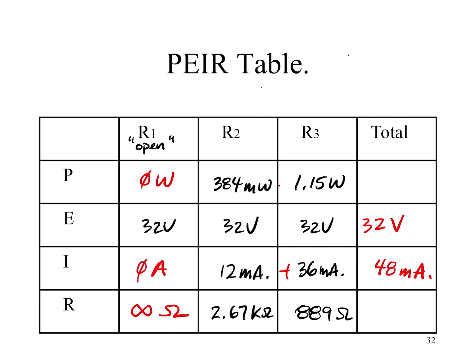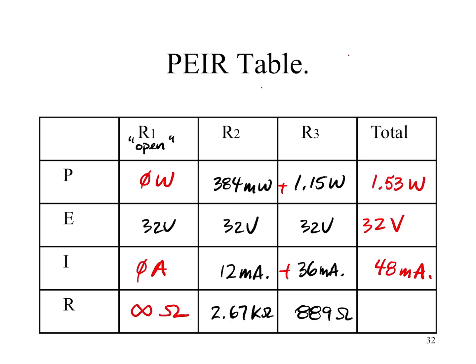Our powers now will just be the result of P2 plus P3. So we'll look at adding those up. 0.384 watts plus 1.15 watts to give us 1.53 watts.